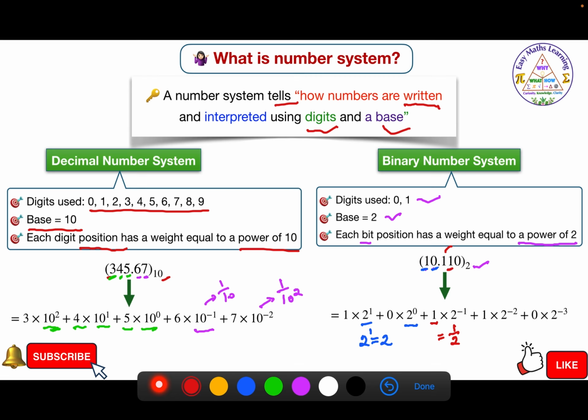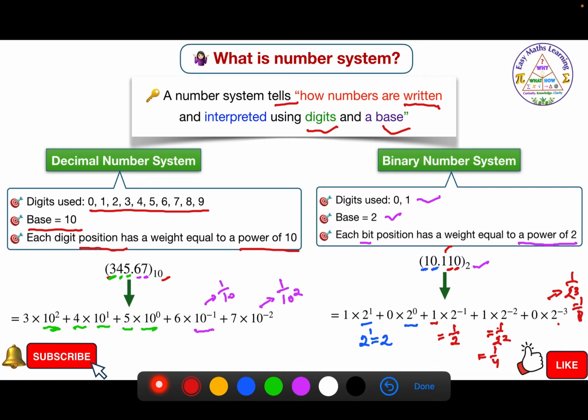And for this digit, weight is 2 raised to the power minus 2. So it is 1 by 2 square. So we can say it is 1 by 4. And for this digit 0, weight is 2 raised to the power minus 3. So we can write 1 by 2 raised to the power 3 means 1 by 8.